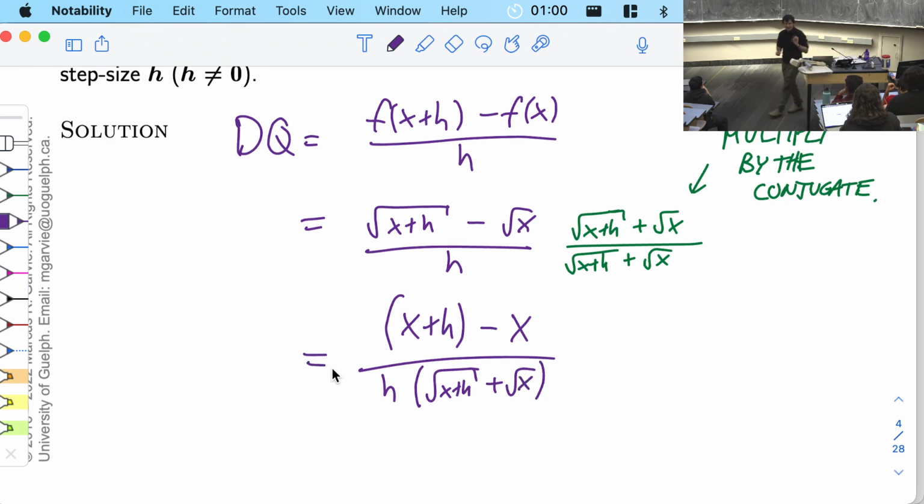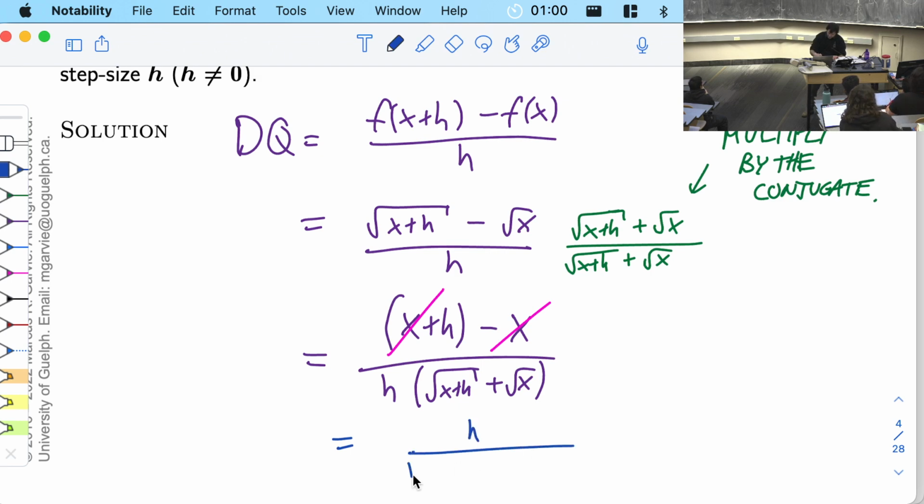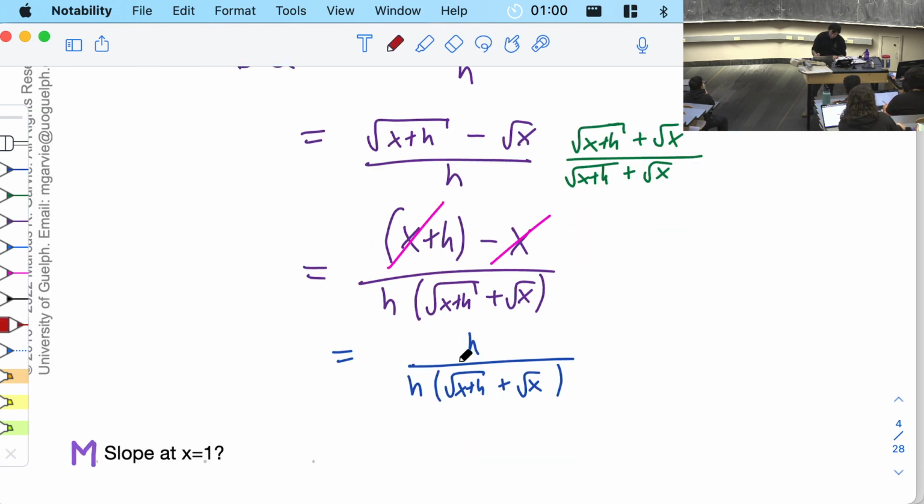So I just did a difference of squares to bring those two terms together. The whole point of multiplying by the conjugate is to make the difference of squares appear. And now we again have all the miracle cancellations like before. x minus x leaves us with an h on top. h divided by h times square root of x plus h plus square root of x. And the same miracle happens again, that the h's cancel.